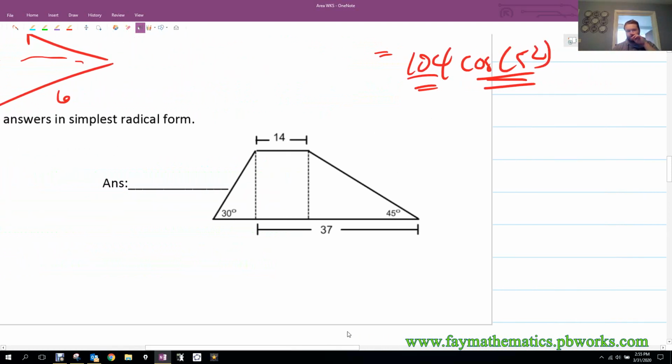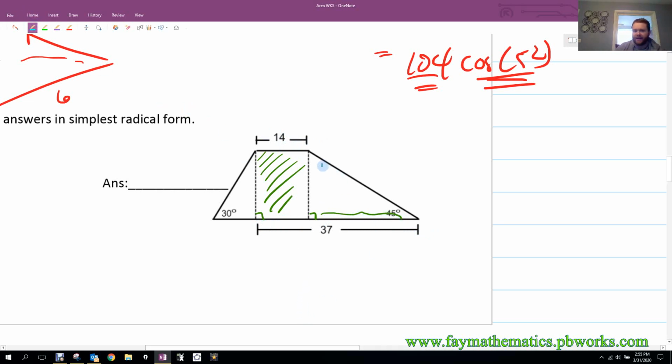Over here, same approach. The thing here is that this is a rectangle. These are both altitudes. So if that's a rectangle, you know that you can take this 14 and this 37, do a little bit of work to give you that distance there.